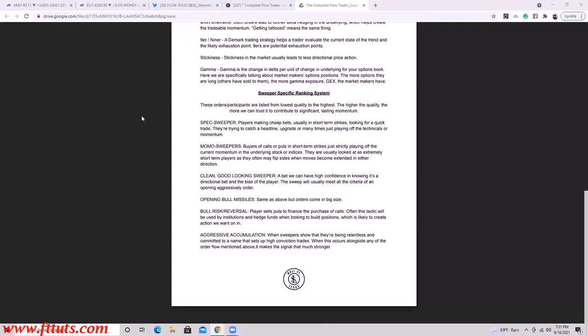But let's start off very simple. What is the actual options order flow we're looking at? It's like we were talking about yesterday. We have a pretty good idea because of what we're screening for and what we're focusing on.